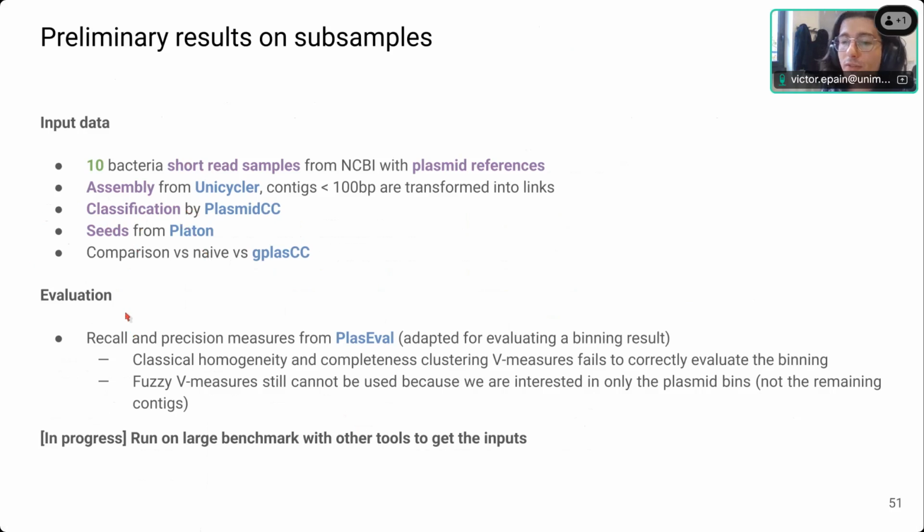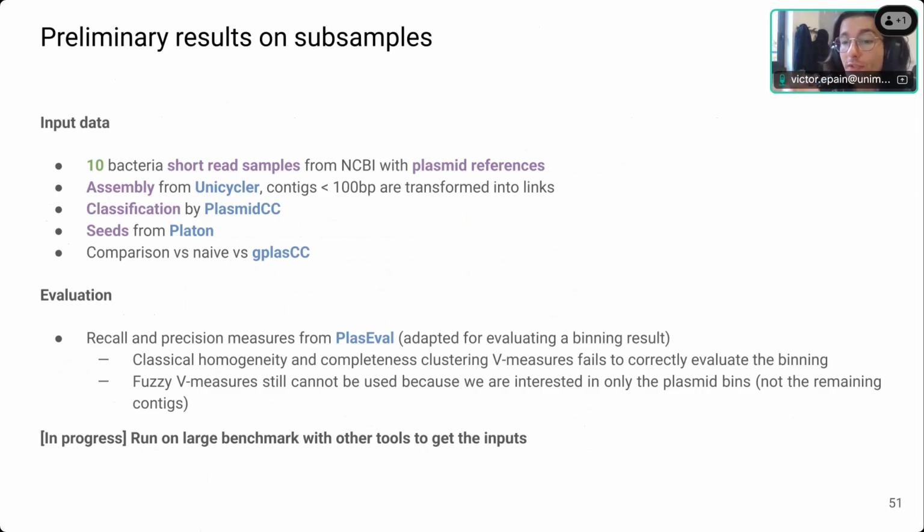Okay. What about the evaluation? It's not an easy part because we cannot directly use the well-known homogeneity, completeness and V-measure from the clustering community, because they fail to correctly evaluate the binning. In hard clustering, remember, we want to cluster each contig to exactly one group.